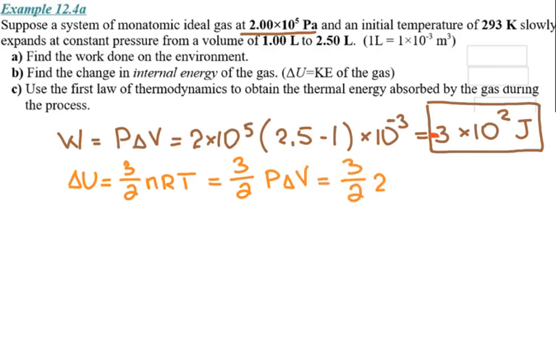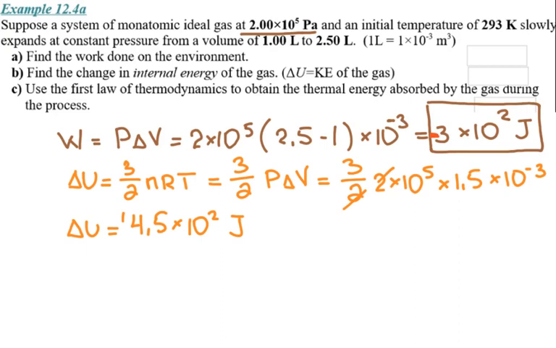The pressure is 2×10^5, and the change of the volume is 2.5 minus 1, 10 to negative 3. So that is 1.5, 10 to the negative 3. So delta U, or the change of internal energy of the gas, is equal to, the 2 can be cancelled, and I have 4.5×10^2 joules. And so I know by how much the energy changed.